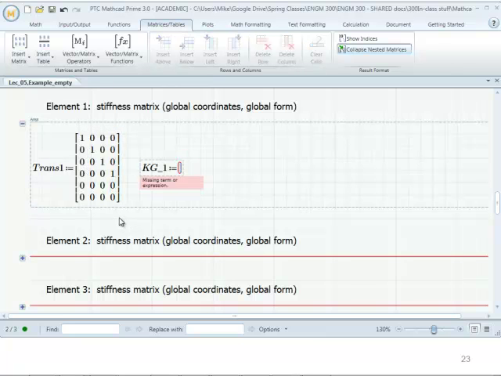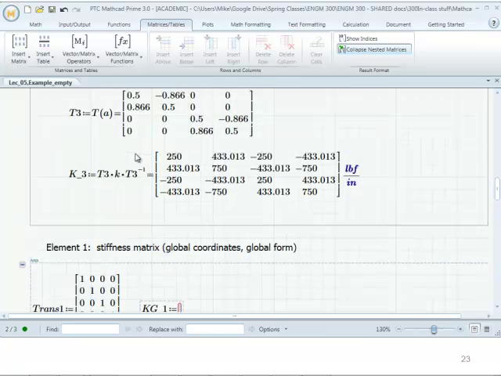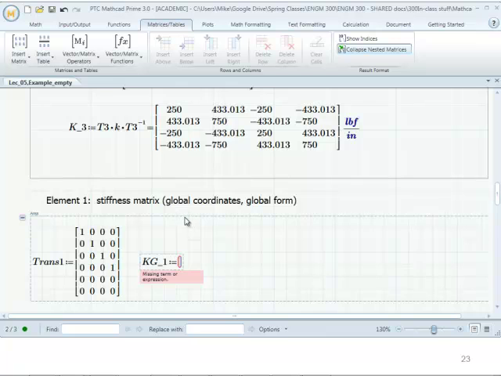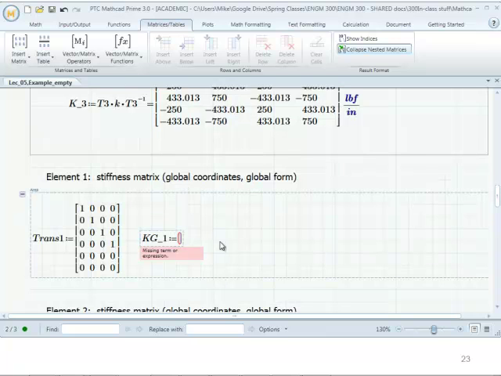All right. So now we're going to want to find our global form. What are we going to do here? We're going to take our local form and get it to global form. What are we going to do with the local matrix that we had up? Now this is for element 3, but it's the same thing for element 1. What are we going to do to this guy? K-1, right, to get it to our global form. This is a 4x4.